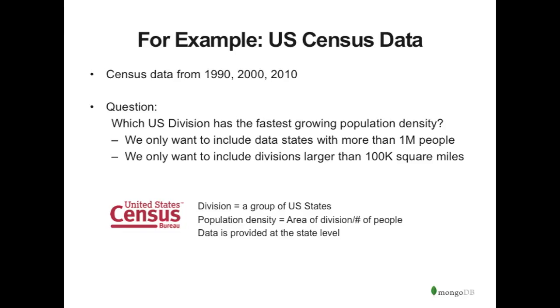What I want to show by the end of the talk is give you a feel for if somebody says to you, I need to produce a report that shows which U.S. division, a division is just a group of U.S. states, has the fastest growing population density, and I only want you to include states with more than 1 million people, and I only want you to include divisions with more than 100K square miles, that you can write that query in the aggregation framework. Now you could also write that query in Java or Python or Perl, whatever your programming language is, but there would be a lot more work and it wouldn't be as performant as running that query right on the database. So I'm going to show that today.